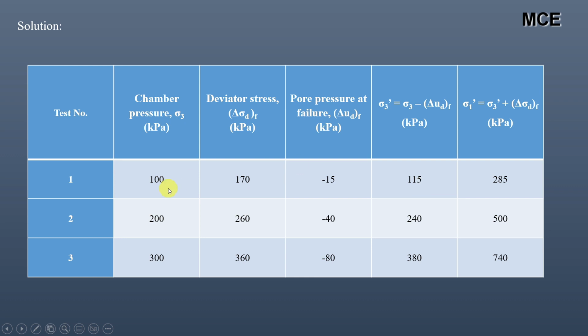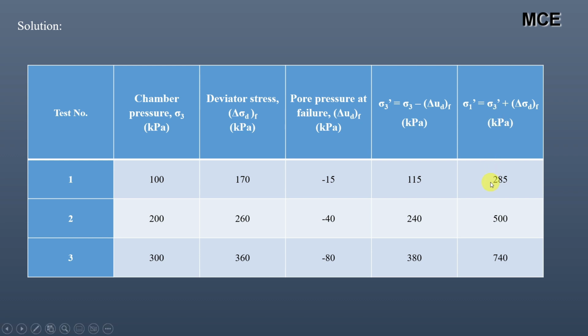For test 2, it will be 200 plus 40, so it will be 240 kilopascal. For test 3, it will be 300 plus 80, which is 380 kilopascal. Effective major principal stress is equal to effective minor principal stress, which is sigma 3 prime, plus the deviator stress.